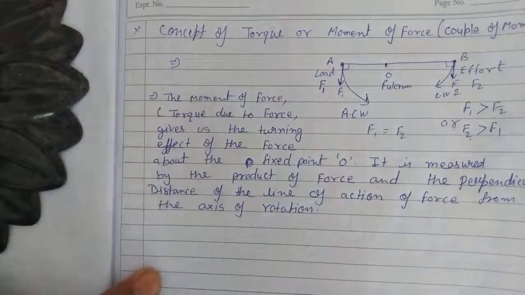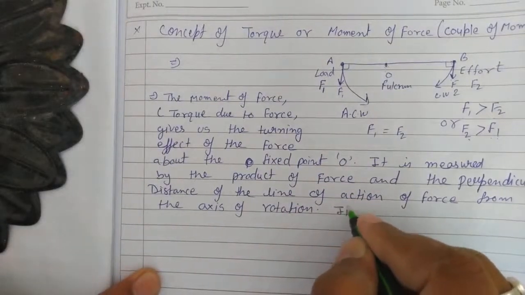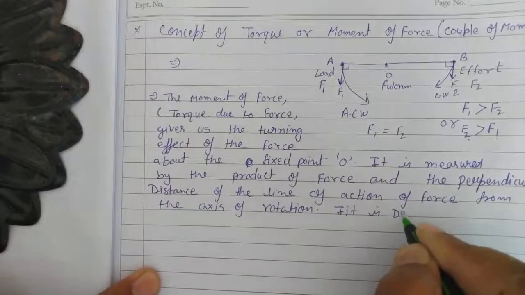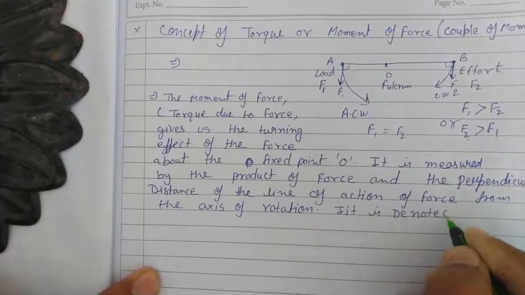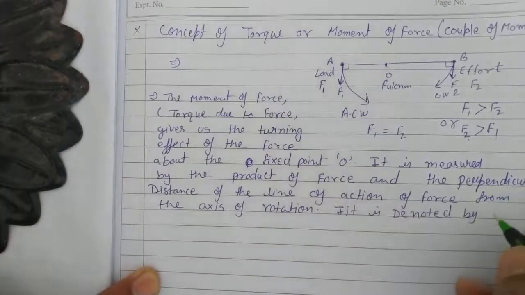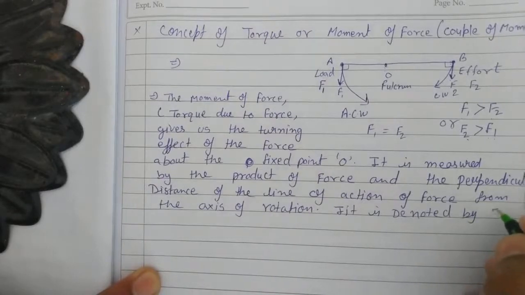Okay, it is denoted by the Greek letter tau.